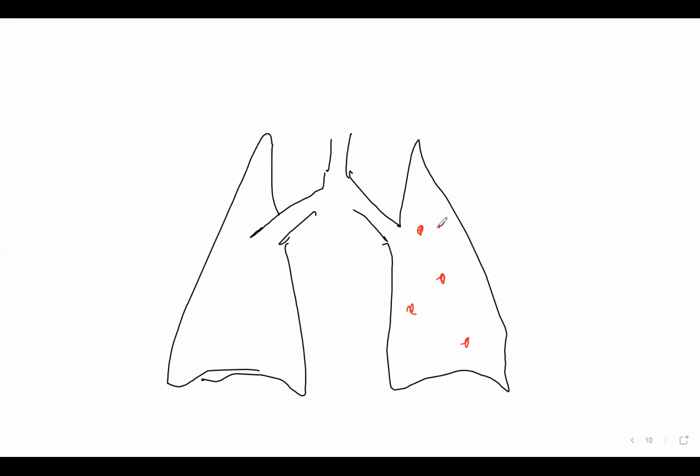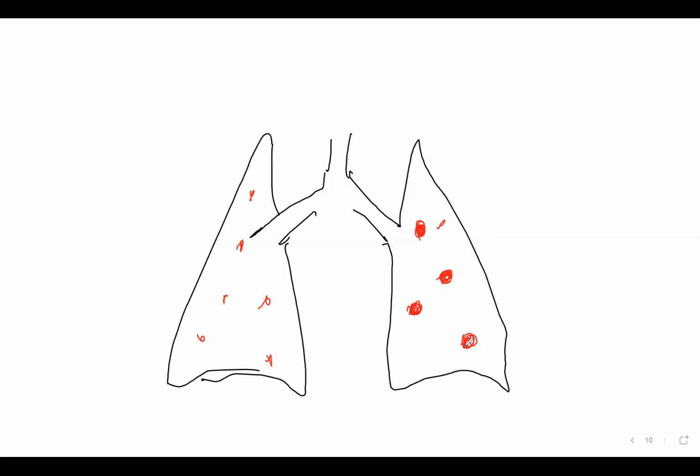Now, sometimes you might see an X-ray where you just have a lung with widespread opacities everywhere. Okay, you just have widespread opacities. Now these opacities can occur in cancers where you see them like cannonballs, cannonball metastasis.